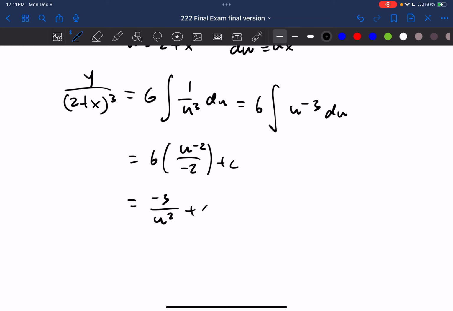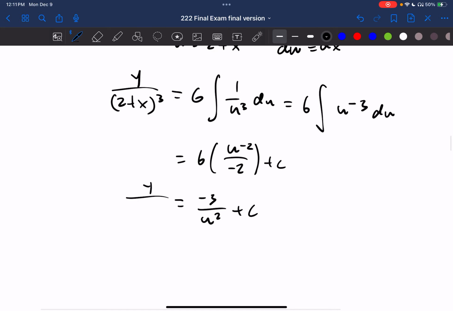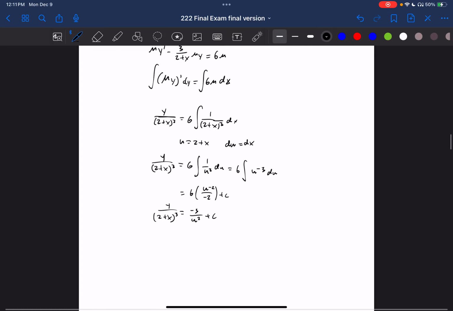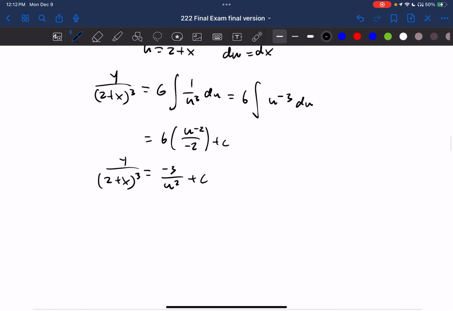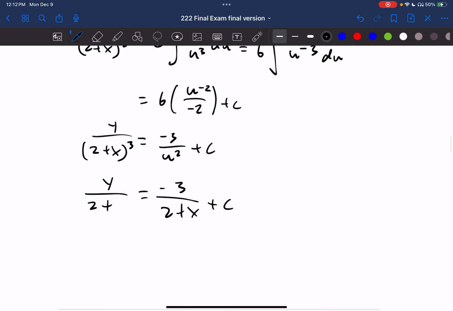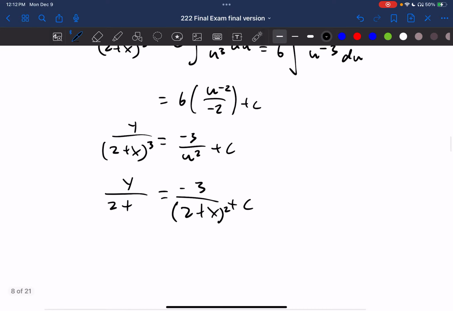I think that's right, plus c. So y over 2 plus x to the third power, replacing u with what it is, is equal to negative 3 divided by 2 plus x, squared, I forgot, plus c.